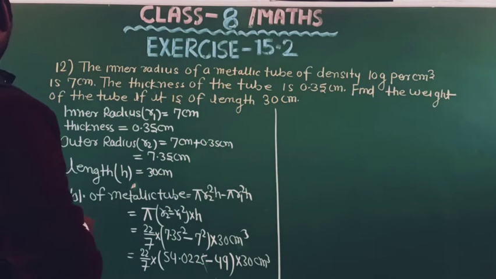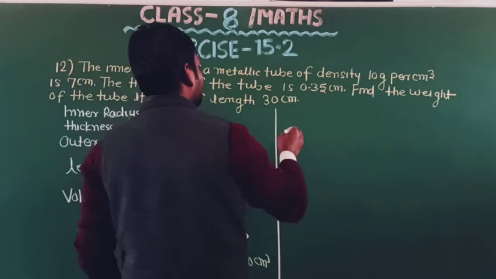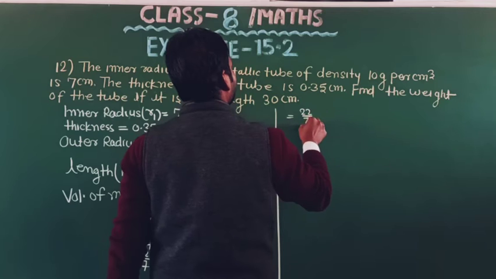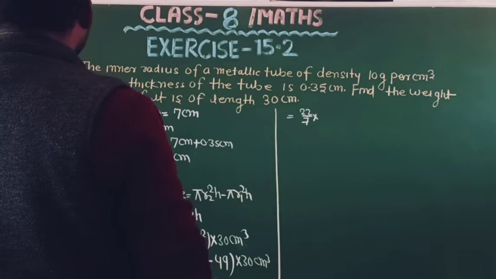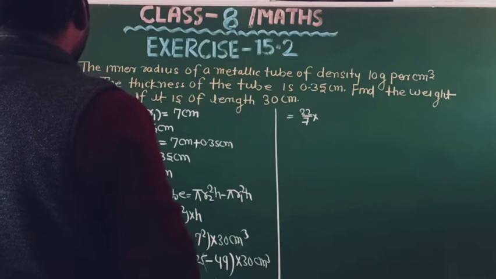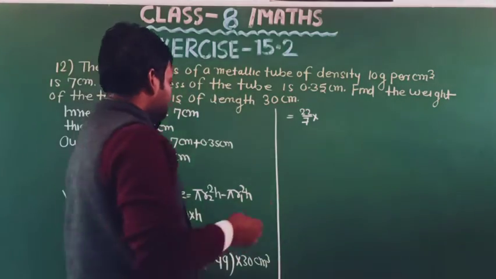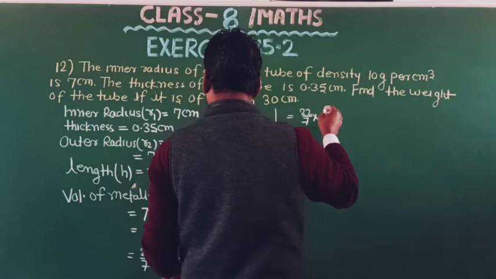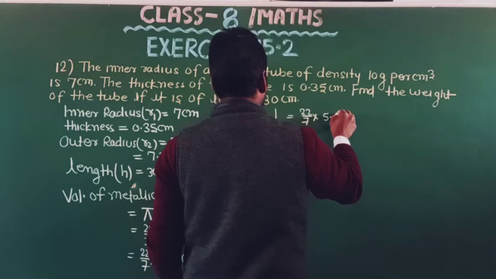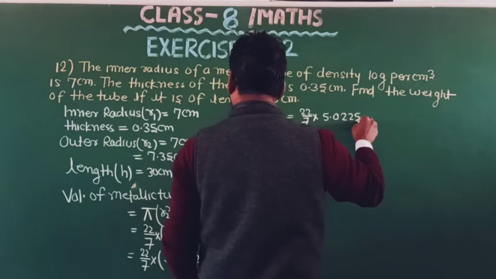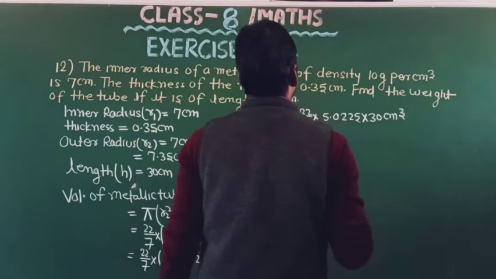Now simplify. So we get 22 by 7 into 54.0225 minus 49. After simplification, this gives 5.0225 into 30 centimeter cube.